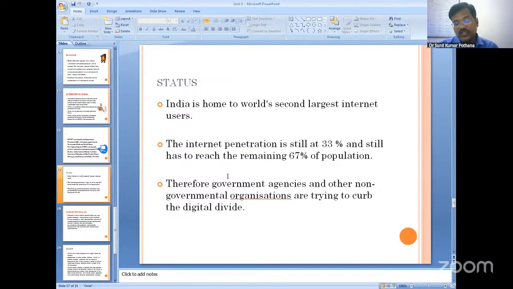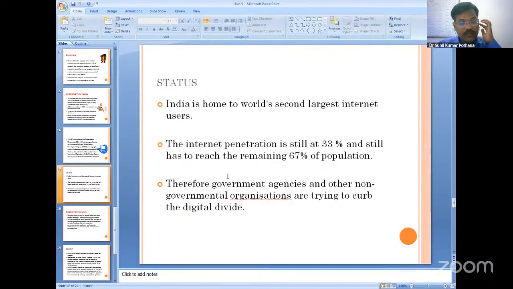As per the latest data in India, internet users are expected to rise to 1,000 million total users, with around 95% using the internet very regularly.